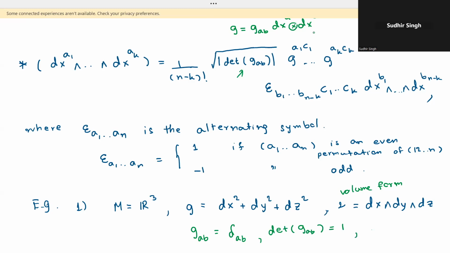The inverse matrix will be just the identity as well.